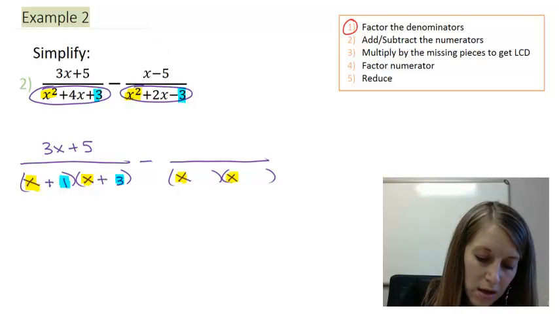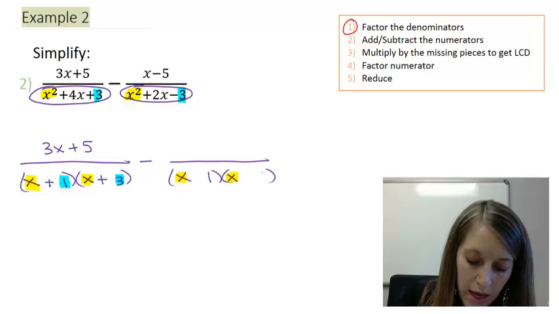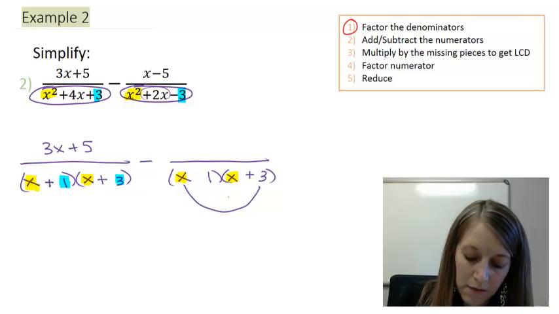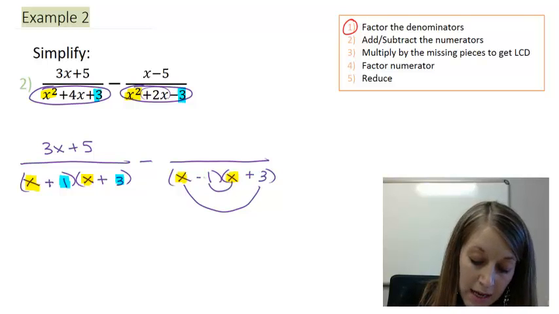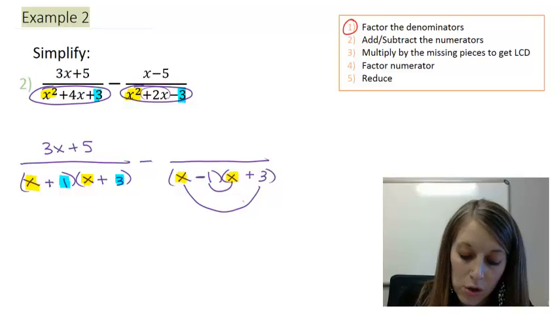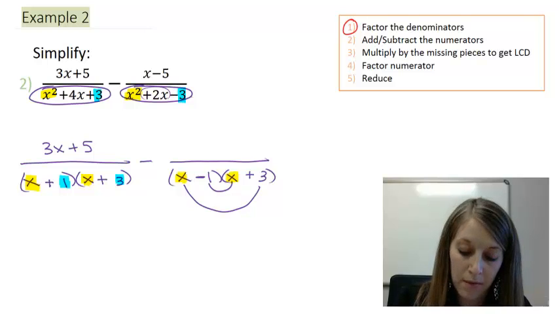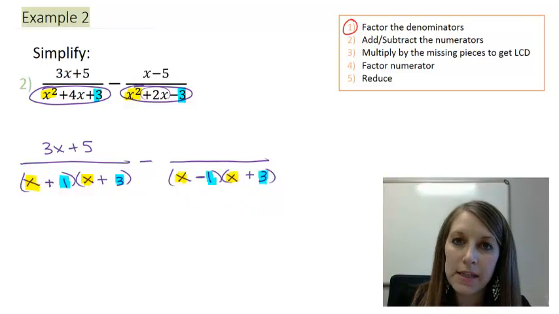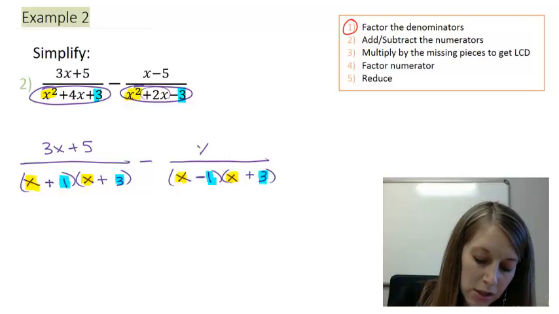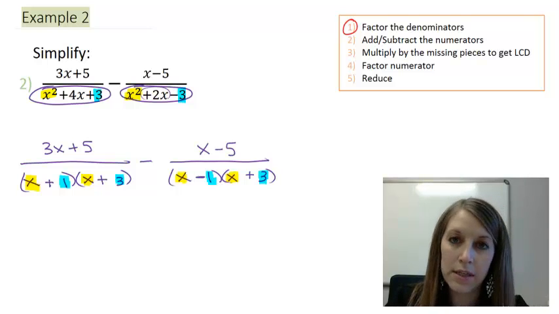Factors of 3, my choices are 1 times 3. And in the middle, I'm looking for a positive 2x. So if my outside is a positive 3x and my inside is a negative 1x, those will combine to give me a positive 2x when I add them and a negative 3 when I multiply them. So I have factored my second denominator and I just copy my numerator down.